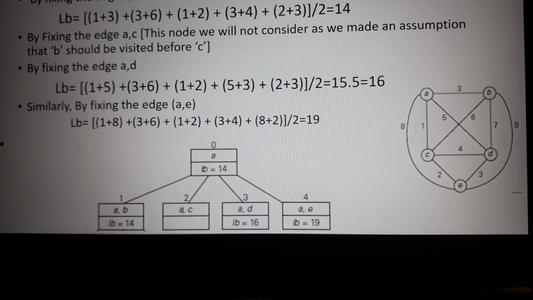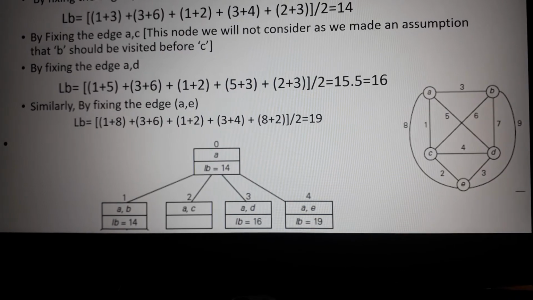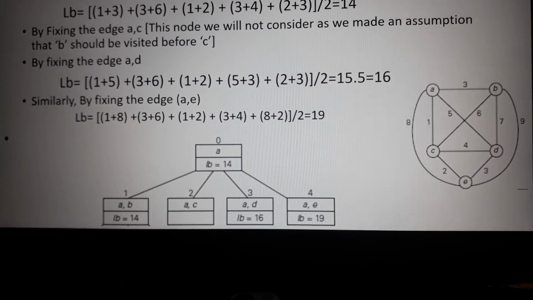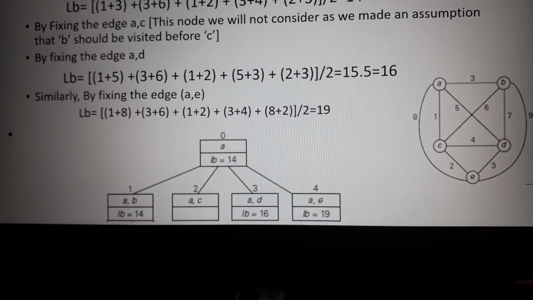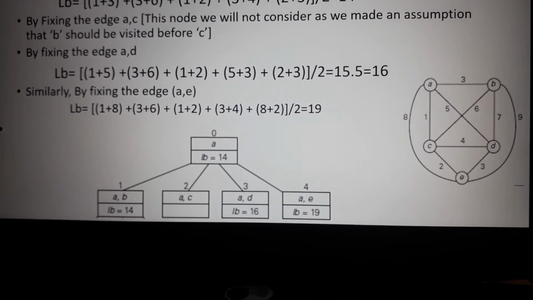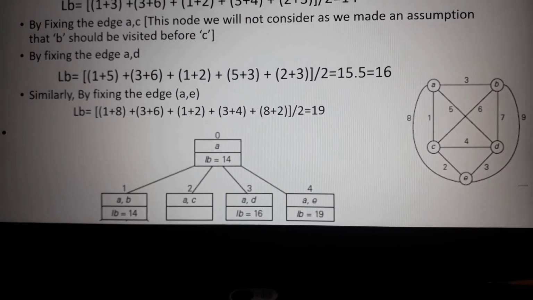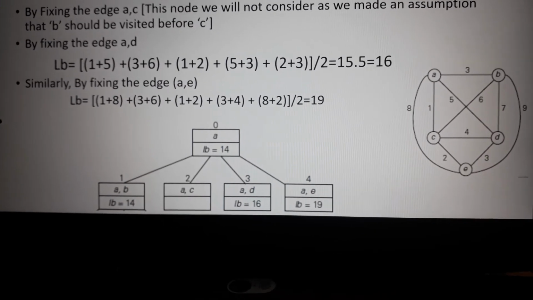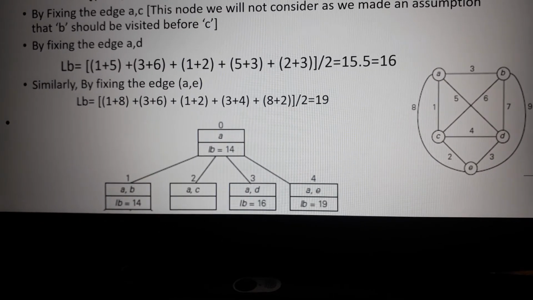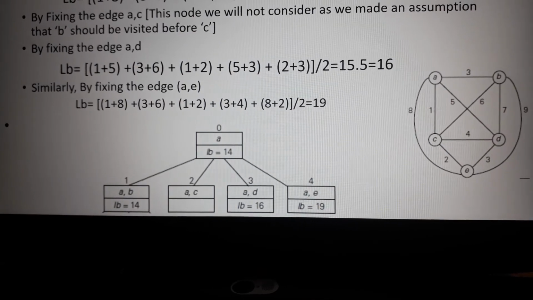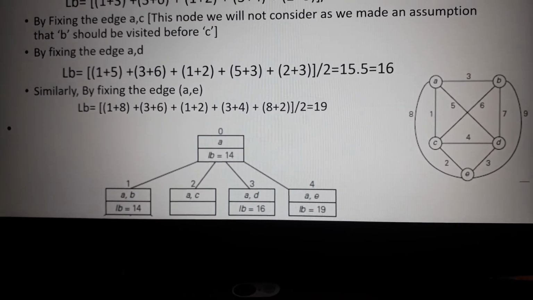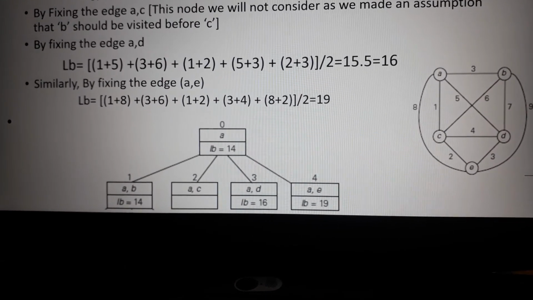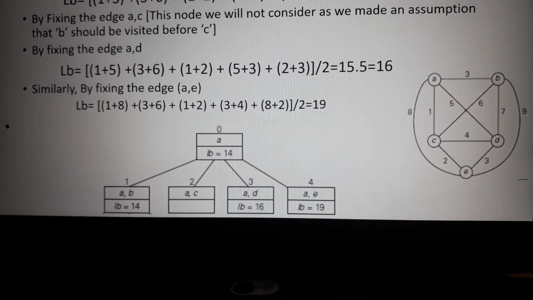By fixing the edge AD, the cost 5 will be considered, and out of the remaining 3 outgoing edges 8, 1 and 3, 1 is the minimum cost edge. So, we calculate the sum of the two minimum cost edges of city A as 1 plus 5, and the two minimum cost edges from B are 3 plus 6. Similarly, from C, 1 plus 2, plus from D. Now, the edge AD is fixed, that is DA is also fixed.